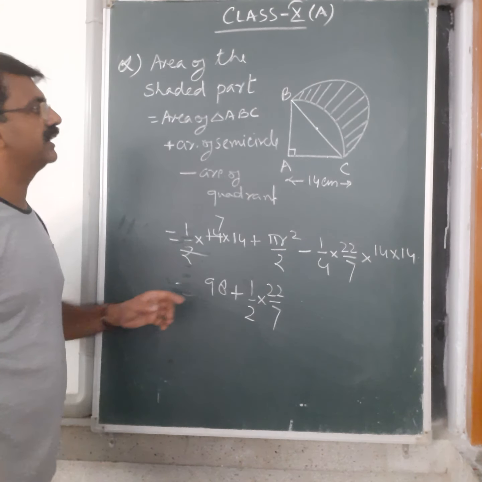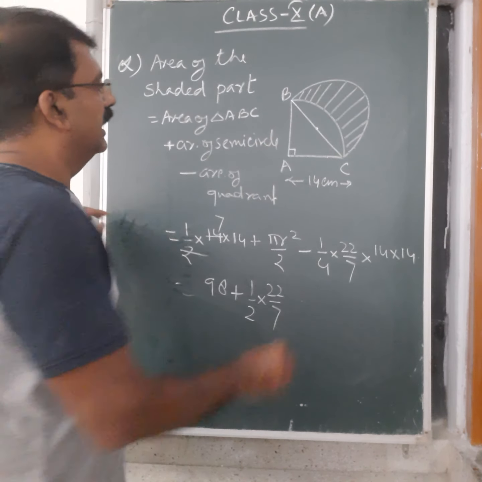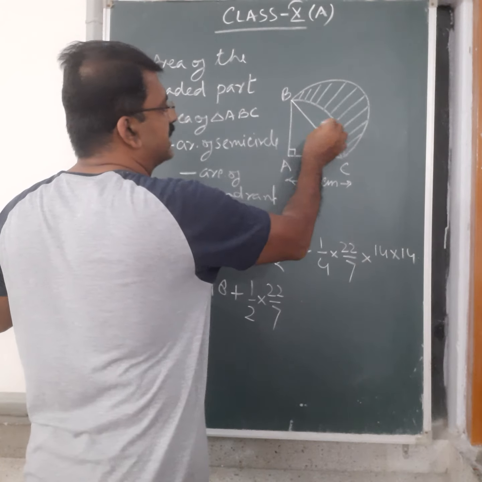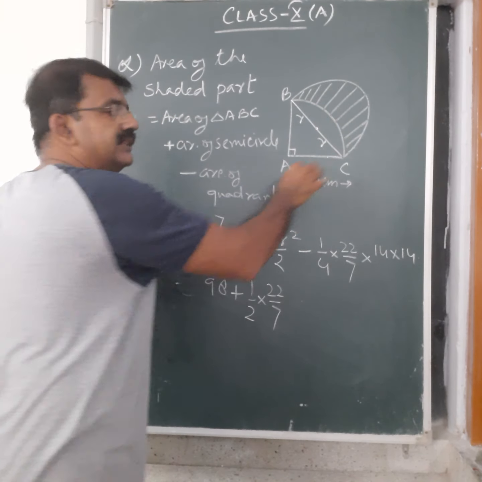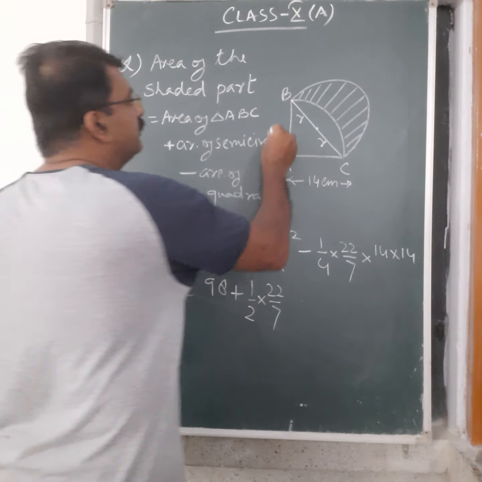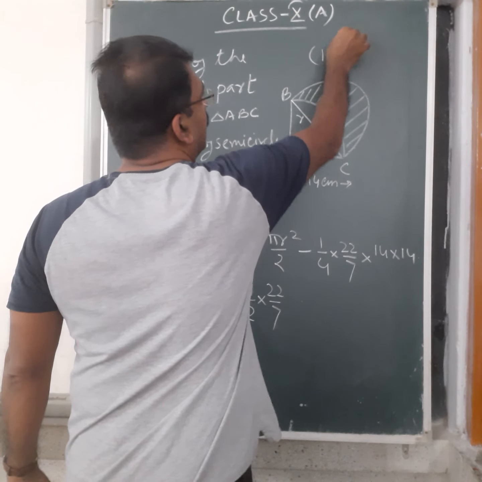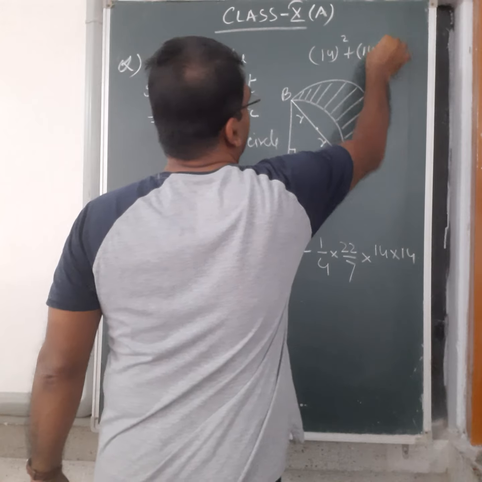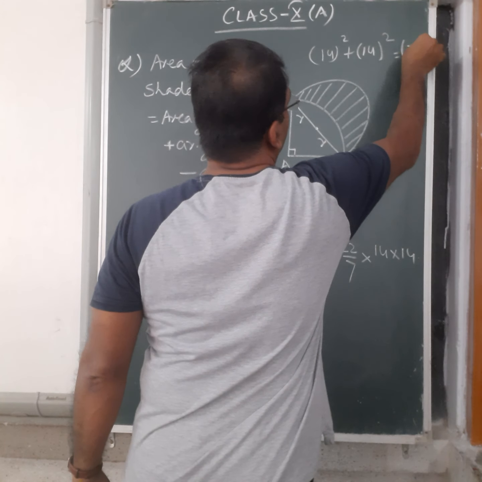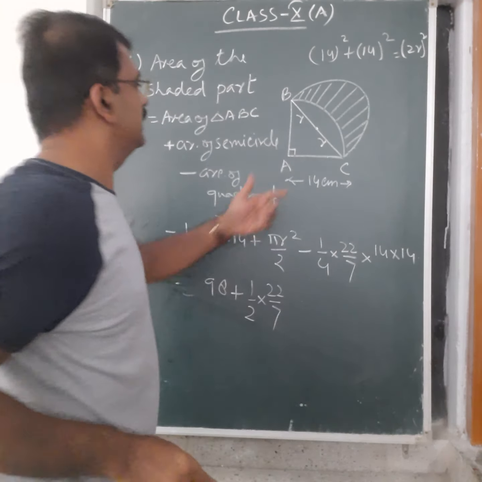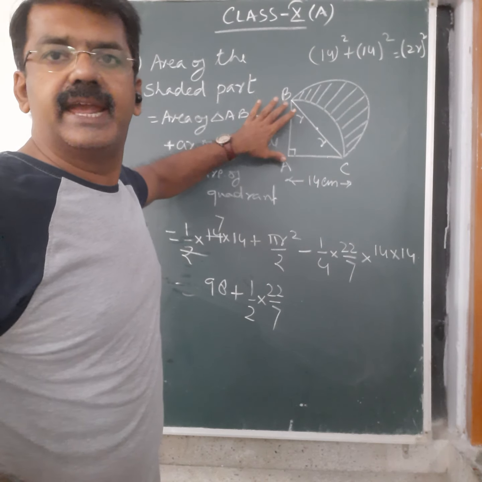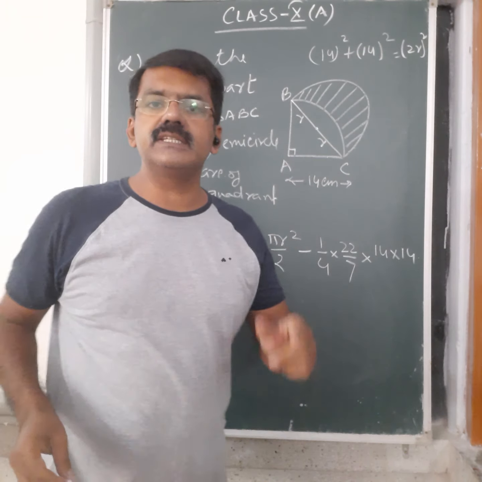And now all of you pay attention. If the radius of the semicircle is r, then this is also r, so this whole length is 2r. Now if you apply Pythagoras over here, 14 square plus 14 square is equal to 2r whole square, because AC is 14, AB is 14 and BC is 2r.